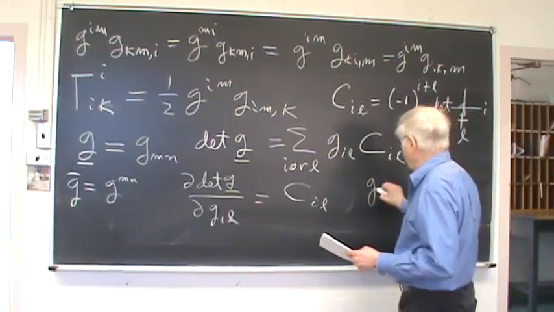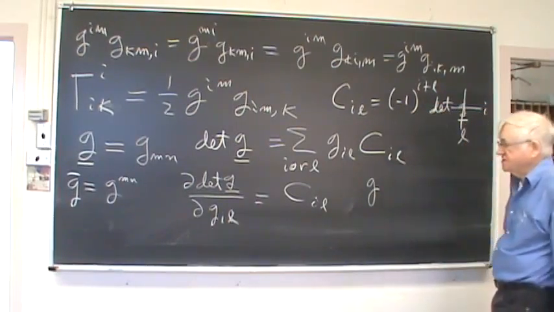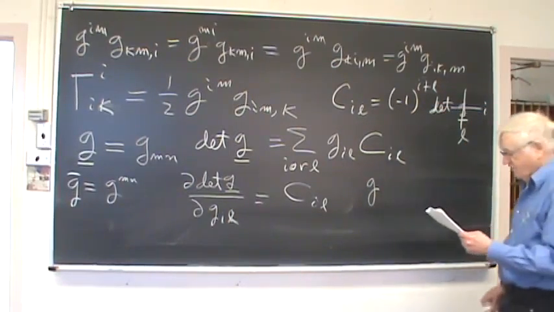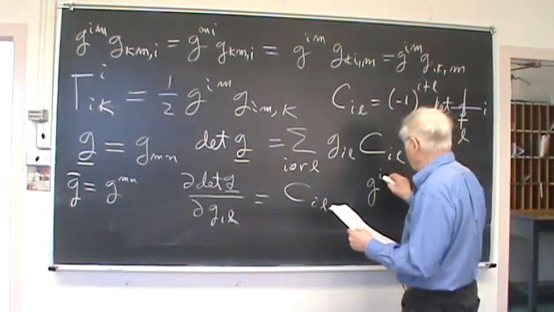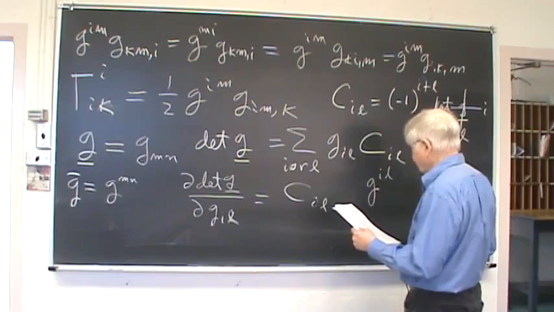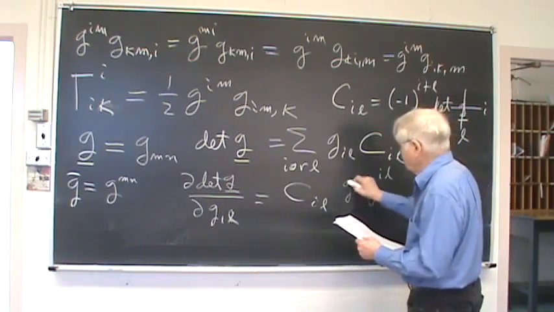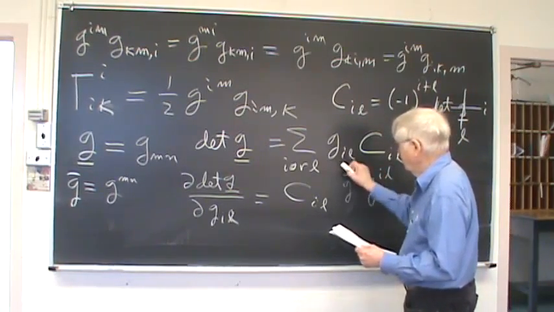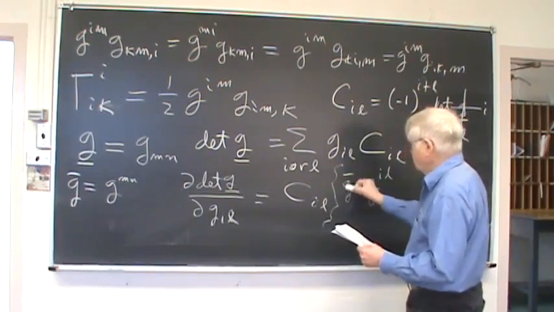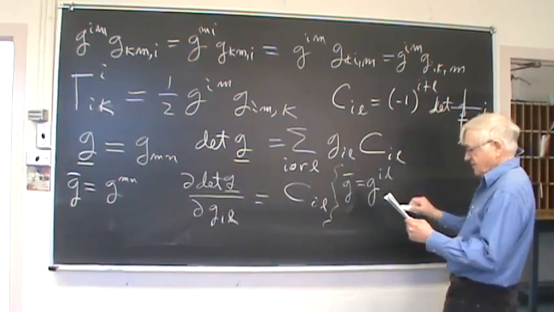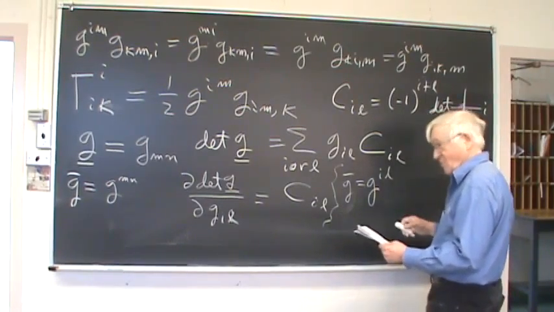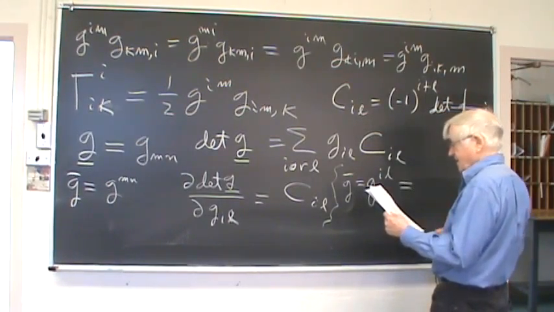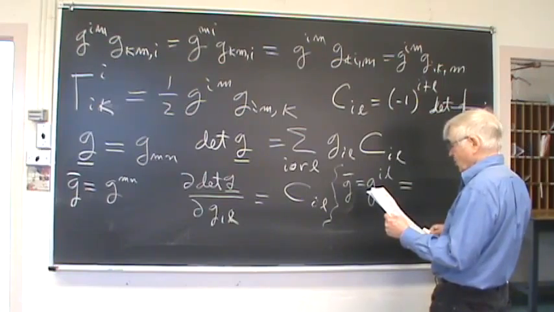Another nice result is what we learned when we studied determinants and cofactors and so forth, is that the inverse matrix, or equivalently G upper bar, or the inverse metric, or matrix, what is that?